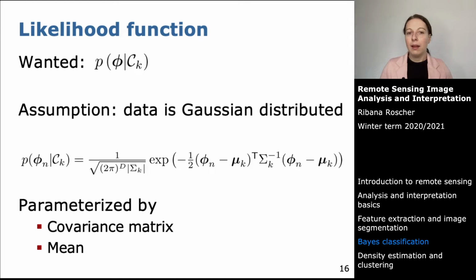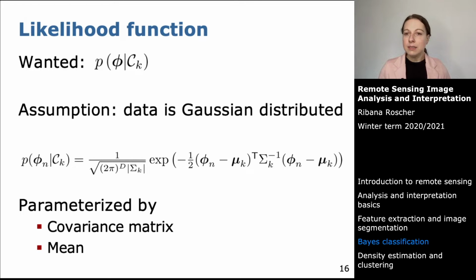So we assume that we have such a Gaussian probability density function for each class, that means the index k. And there are different parameters, that means a different covariance matrix and a different mean for each class. That's why we have this index k, because we need one such function for each class.